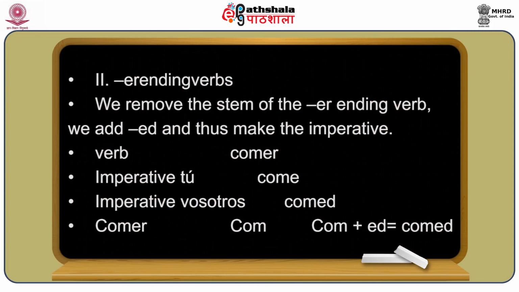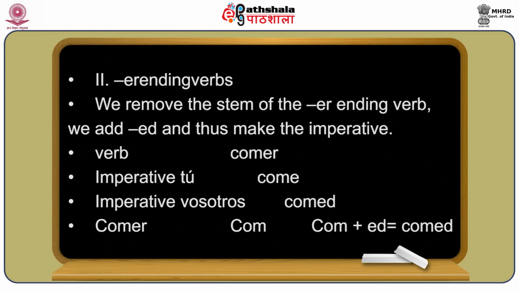Now ER ending verbs, we remove the ER and we just add ED and thus make the imperative. So comer, we remove this ER and we add ED, that becomes comed, that is com plus ED.